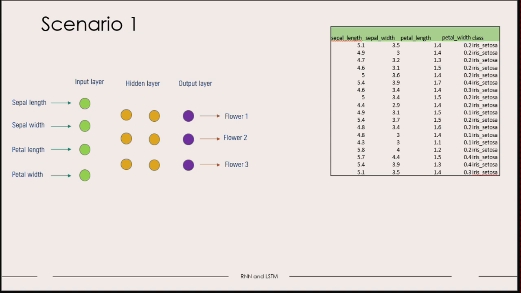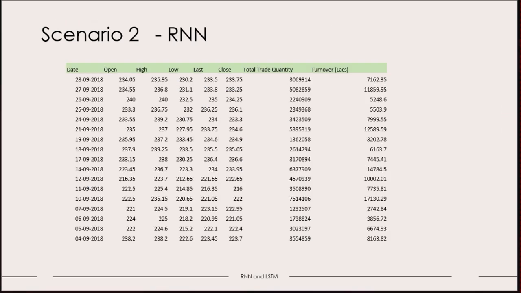We will have four features in the input layer and the output layer will have three classes, and in between we have hidden layers of three neurons, and we have two such hidden layers. This is the implementation of our first scenario, which is very simple and is called ANN, or artificial neural network.